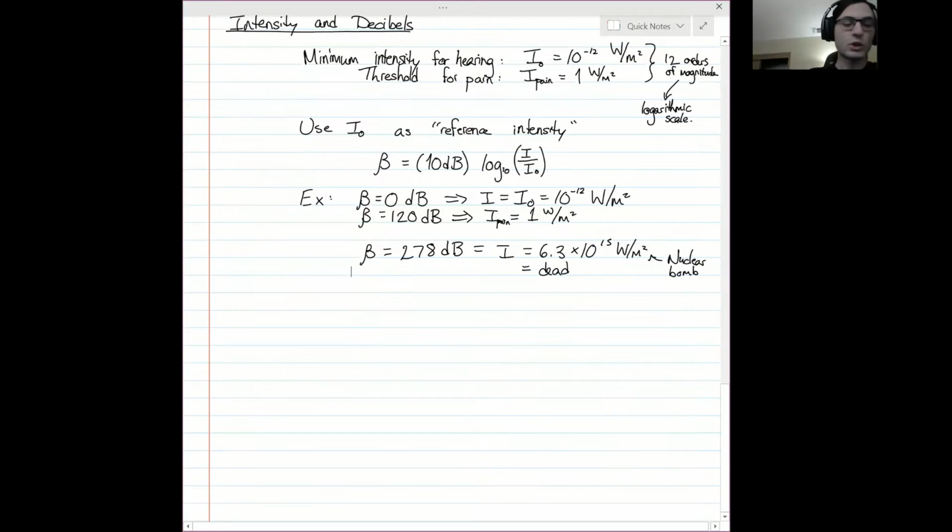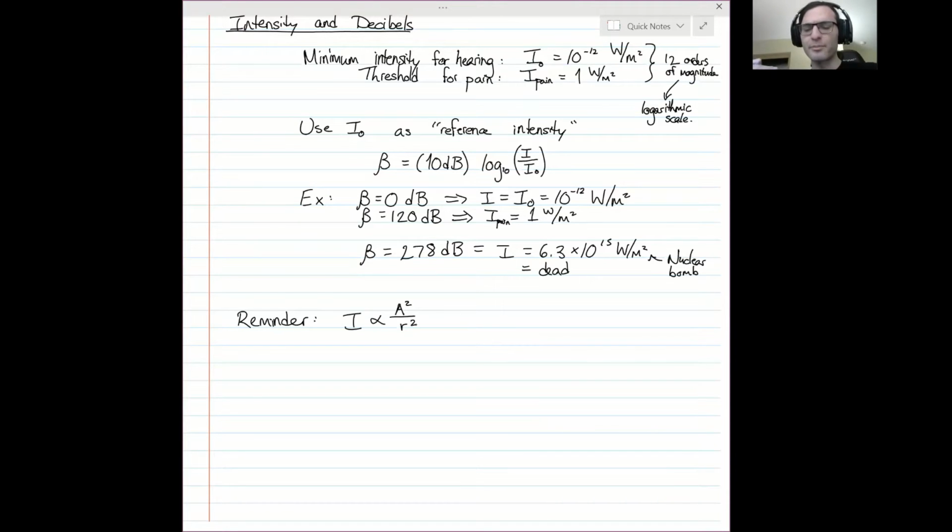So just a quick reminder, the intensity is proportional to the amplitude squared. It's also proportional to the distance away from the source squared, right?